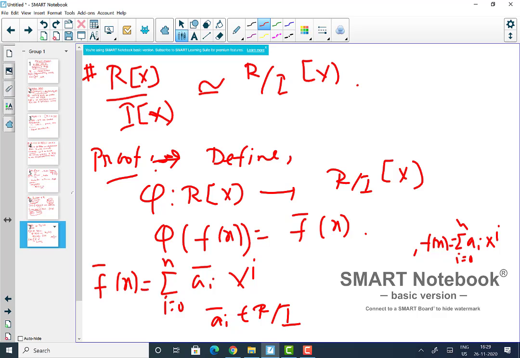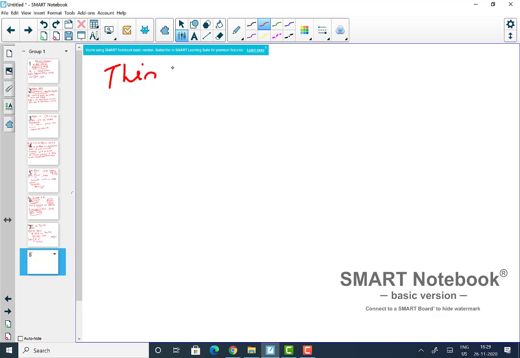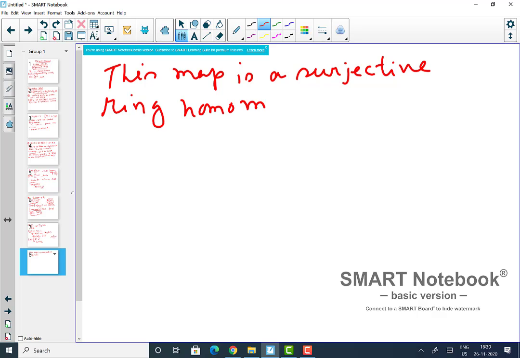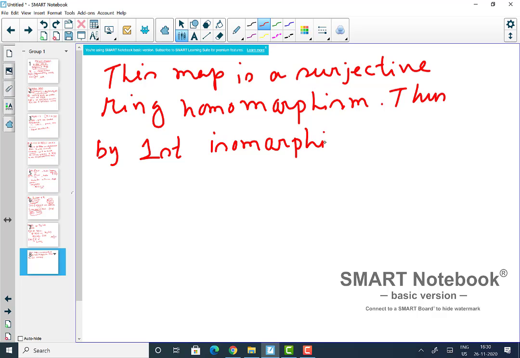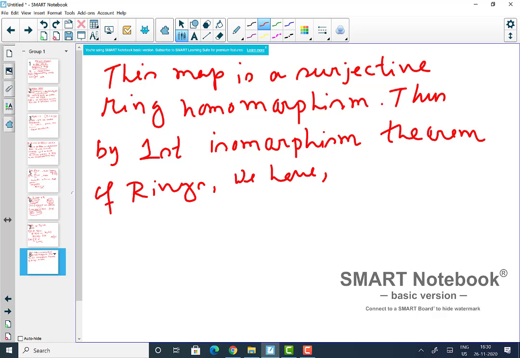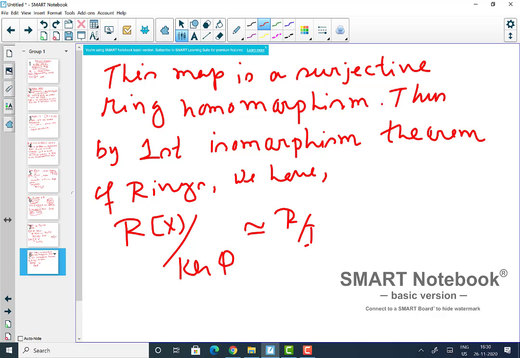So this map is a surjective ring homomorphism, thus by the first isomorphism theorem of rings, we have R[x] mod the kernel of phi is isomorphic to (R mod I)[x].